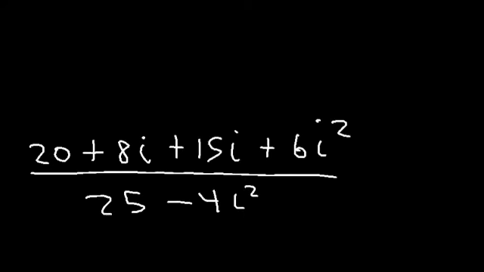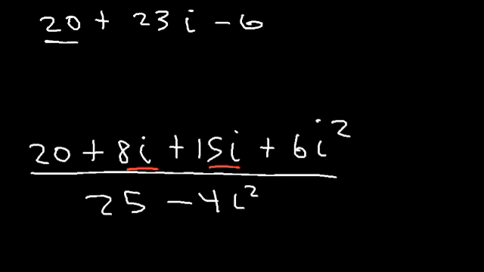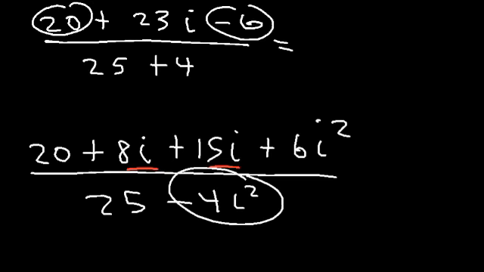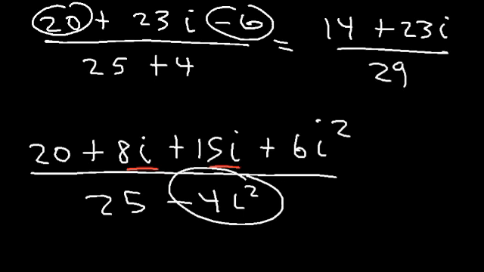So let's combine 8i and 15i. 8 plus 15 is 23, and 6i squared is negative 6. Negative 4i squared is going to be plus 4. So 20 minus 6 is 14, and 25 plus 4 is 29.